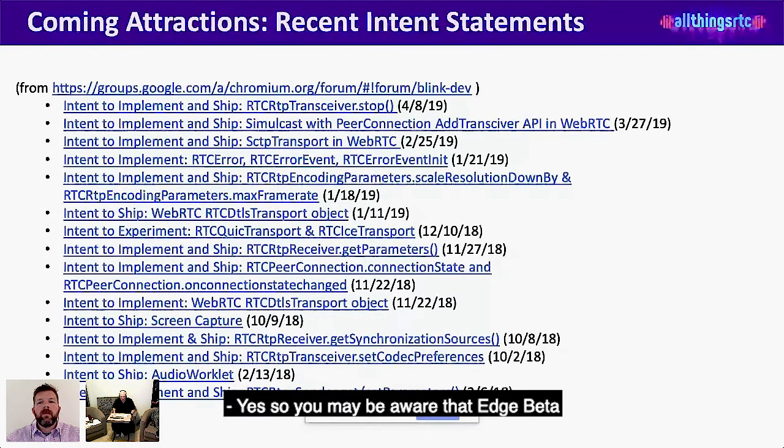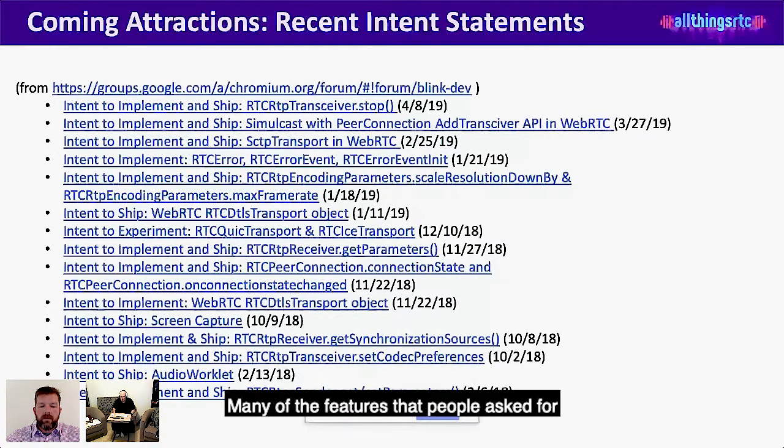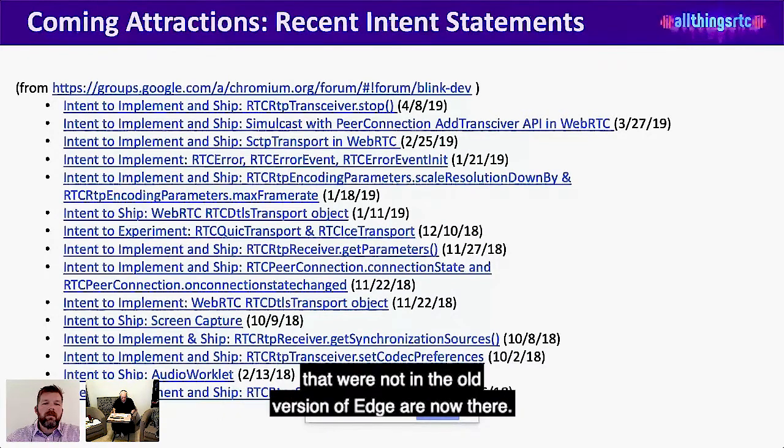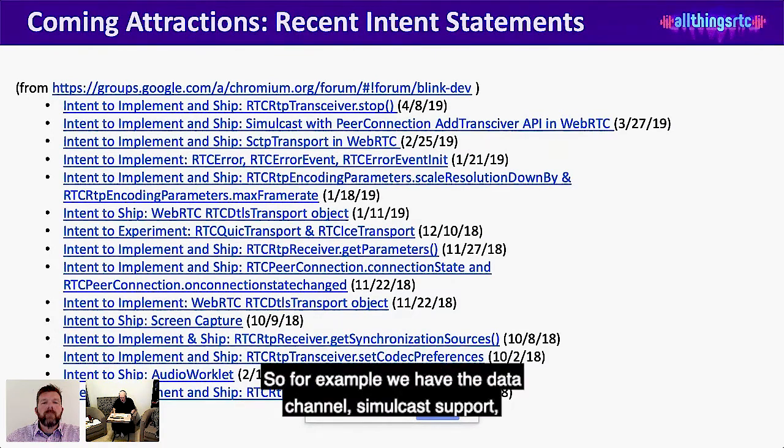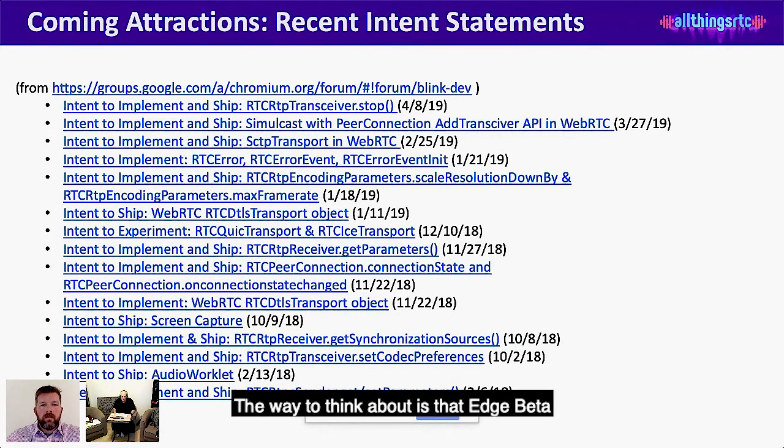Yes, so you may be aware that Edge Beta is out now for multiple platforms, and that does have complete support for WebRTC. Many of the features that people asked for that were not in the old version of Edge are now there. For example, we have the data channel, simulcast support, both Plan B and unified plan, and the object model. The way to think about it is that Edge Beta is basically the same feature set as Chrome.